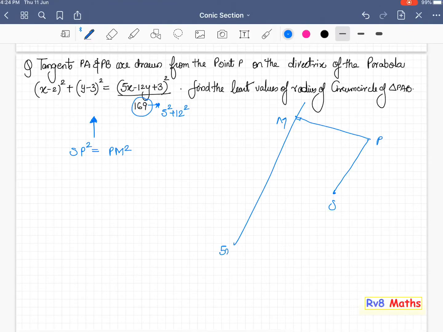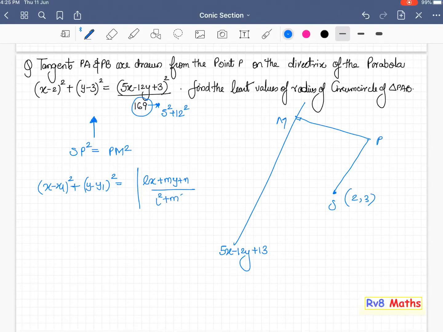This line equation will be 5x minus 12y plus 13, and S will be (2, 3), by comparing it with (x minus x1) whole square plus (y minus y1) whole square is equal to (lx plus my plus n) whole square upon (l square plus m square). This is the basic definition of parabola that we saw in the first video.